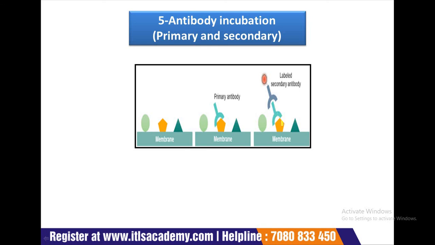When performing secondary antibody incubation, the labeled secondary antibody can bind to the primary antibody, which has reacted with targeted proteins. Based on the species of the primary antibody, we can choose the appropriate secondary antibody.